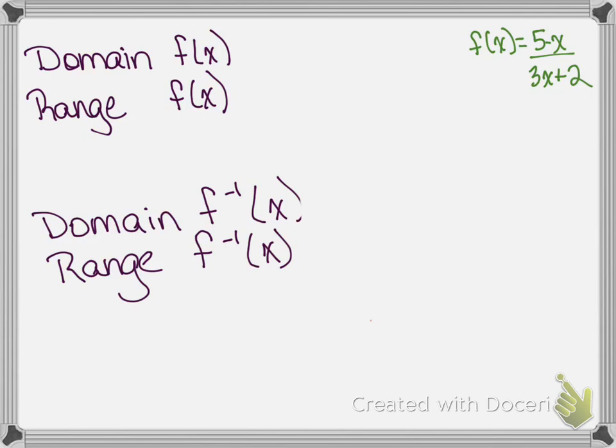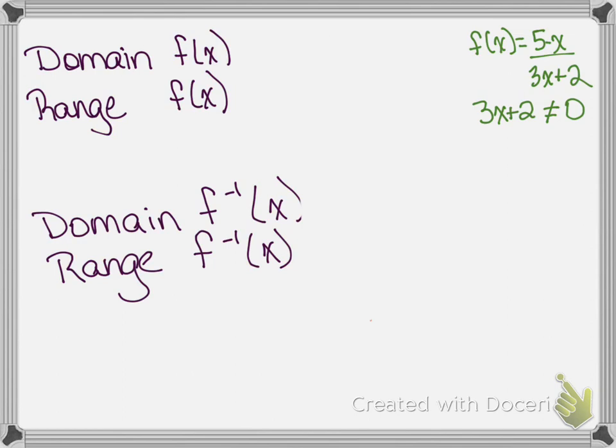I am not allowed to have 0 in the denominator. Can I plug 0 in for x? Maybe. But what's in the denominator cannot equal 0. So I have to take 3x plus 2 and set it equal to 0 to find out what x can't be.